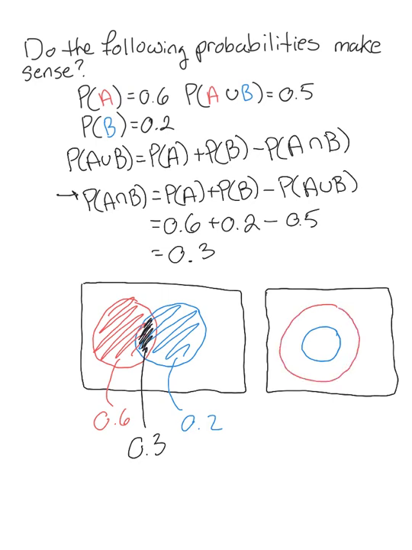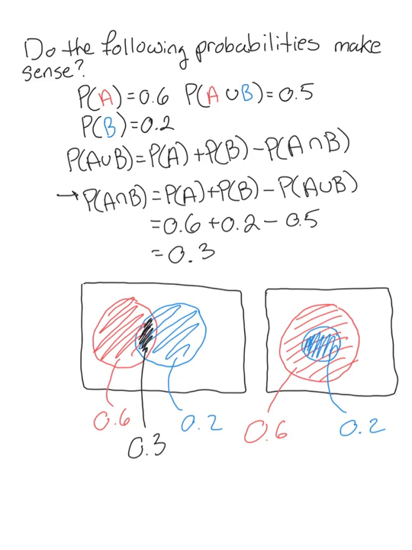So in this situation, B is entirely enclosed in A. So in this situation, the probability of A is still this entire circle, which is 0.6, and B is on the inside here, still 0.2.